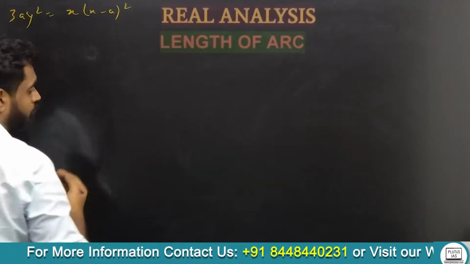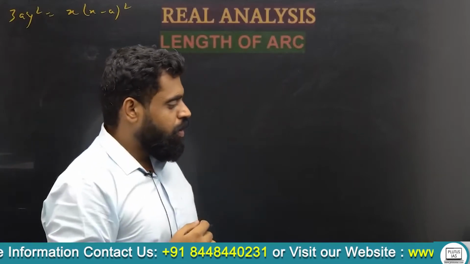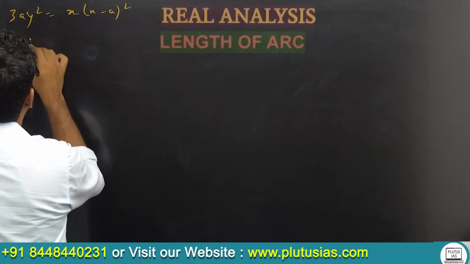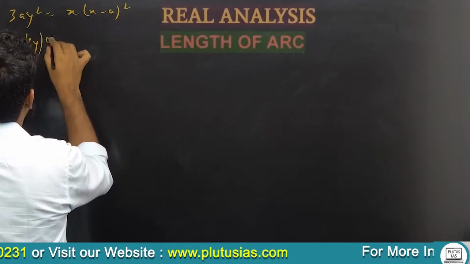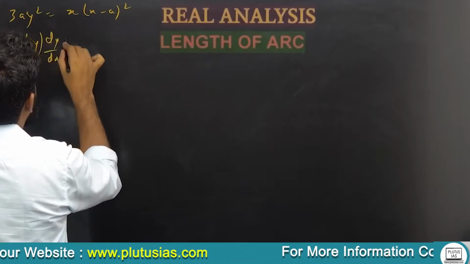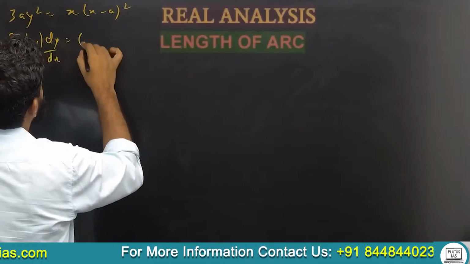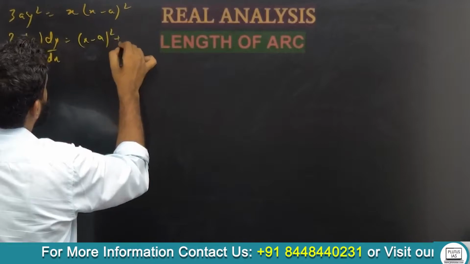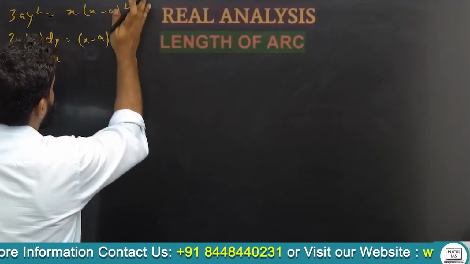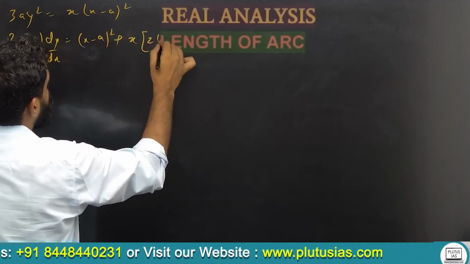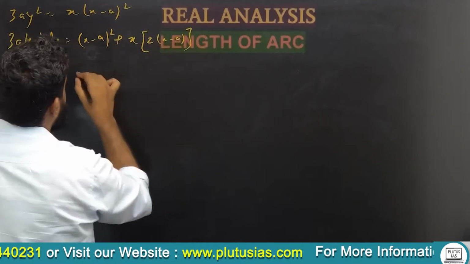So first we calculate dy by dx. If I differentiate it with respect to x, we get 6ay dy by dx on the left, and differentiating the right we get x minus a whole square plus x times 2 into x minus a.